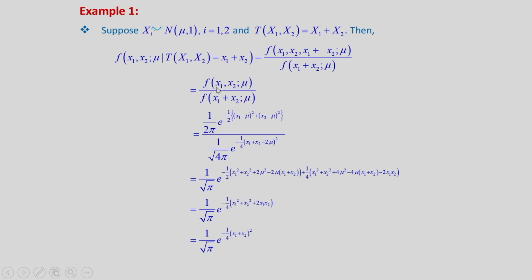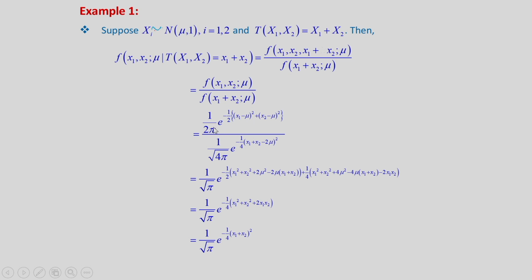So, this expression is equal to the joint PDF of x1, x2 as a function of mu divided by the PDF of x1 plus x2 as a function of mu. Now, since the xi's are IID Gaussian, the joint PDF will be the product of the individual PDFs. So, we can write f of x1 into f of x2 like this.